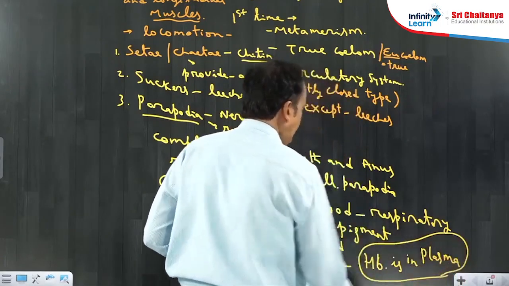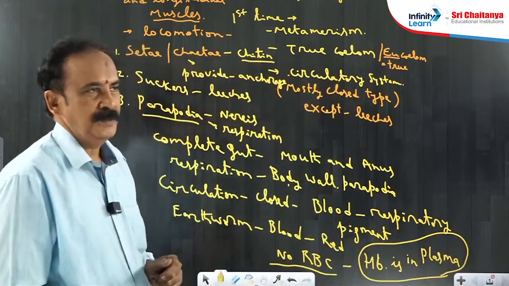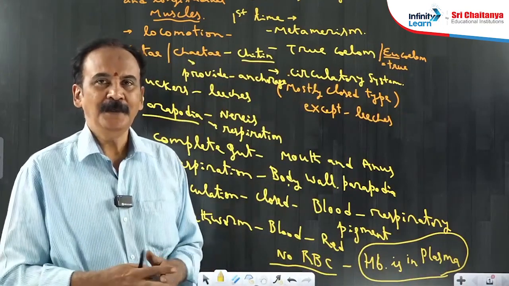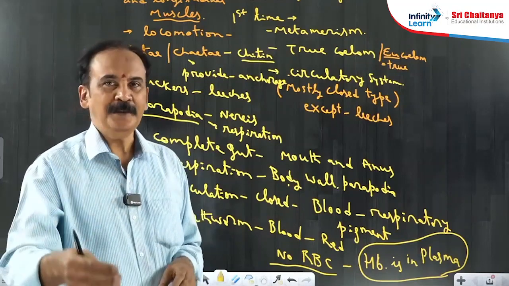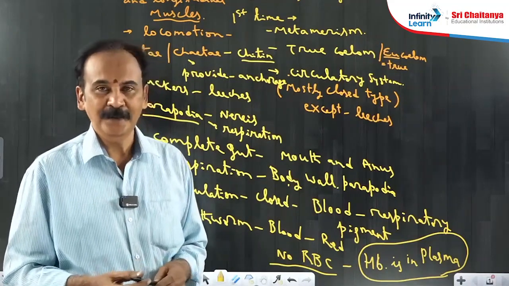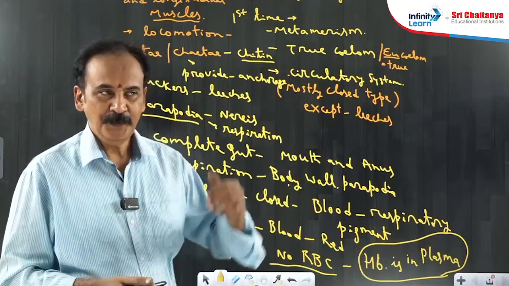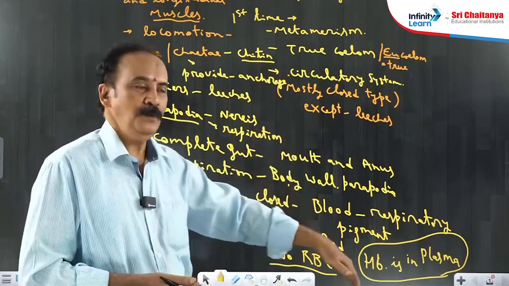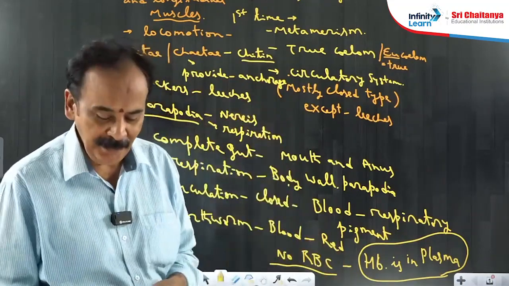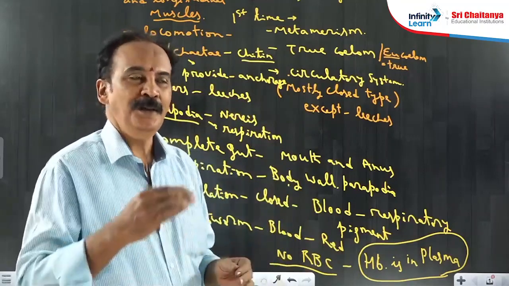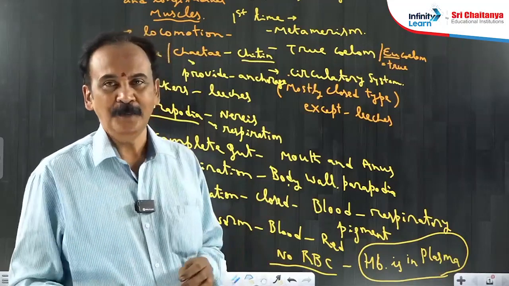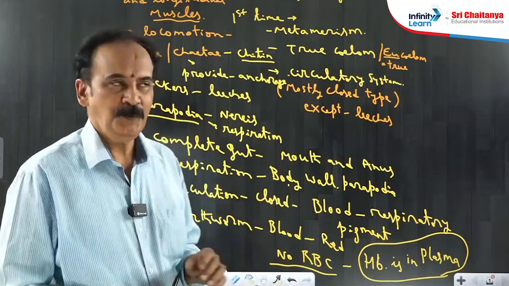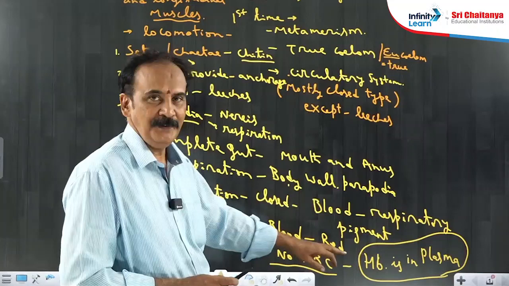Hemoglobin lies dissolved in plasma. Hemoglobin present in plasma is a non-chordate character. Hemoglobin present in RBC is a chordate character. So wherever you find hemoglobin, hemocyanin or chlorocruorin, they all will be present in plasma. They are not present in RBC. That is one non-chordate character. You need to remember this also.